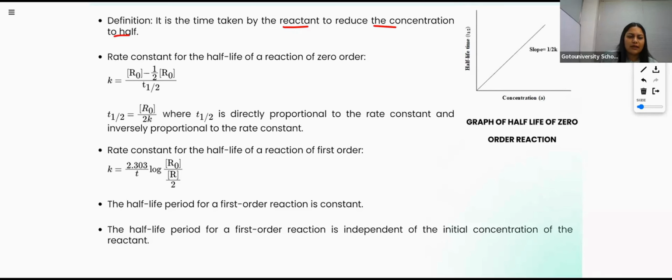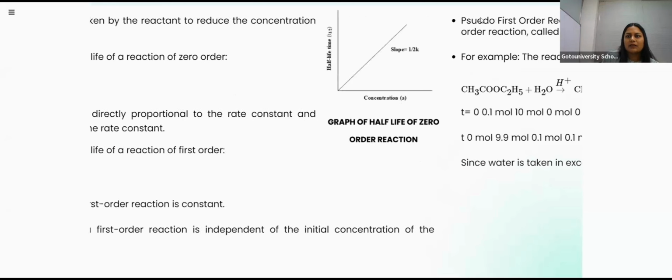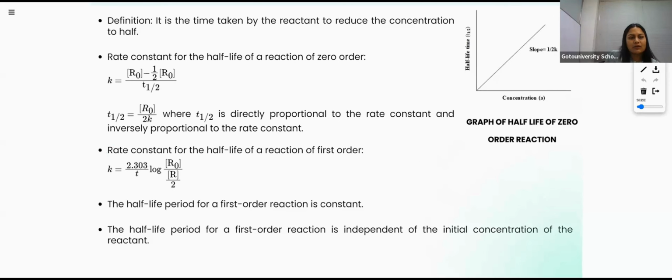Now for zero order reaction, it is given here that the rate constant is the molar concentration of reactant at 0 minus the half molar concentration, divided by the time taken. This is the change in concentration of the reactants. Now let us calculate for first order reaction here.